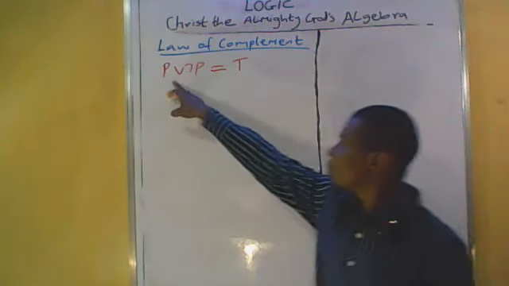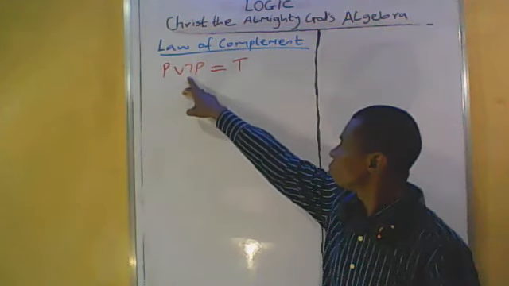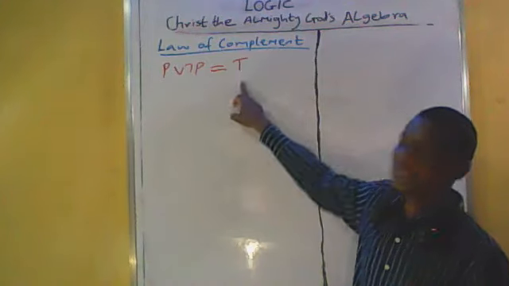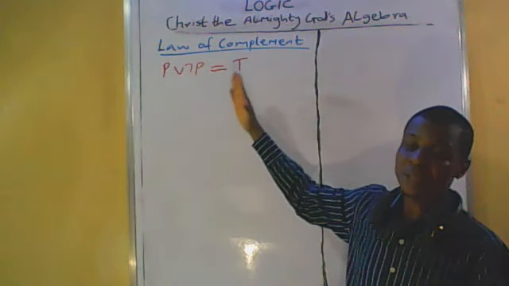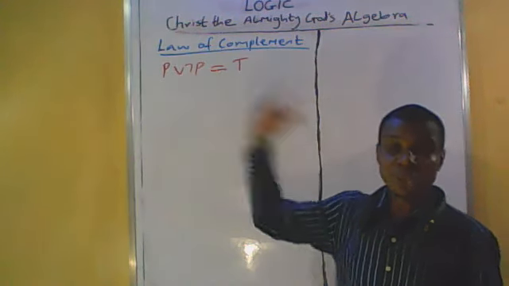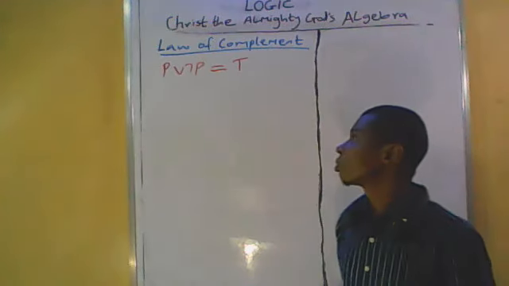That means P or not P is equal to T. That is law of complement by disjunctive statement.